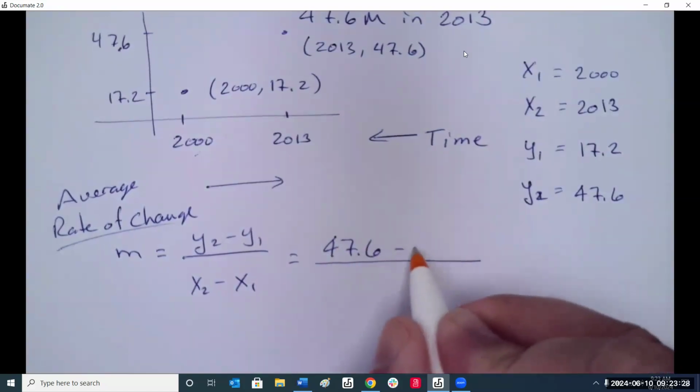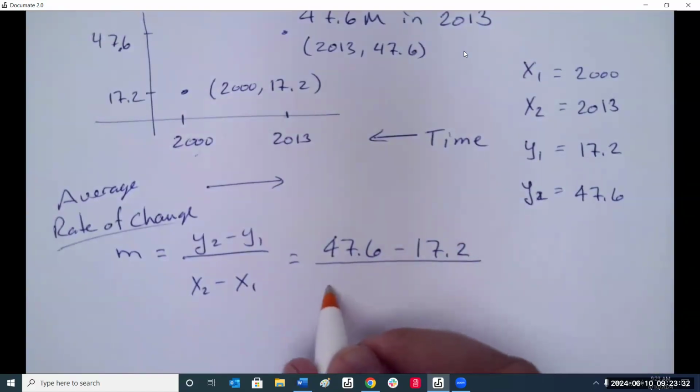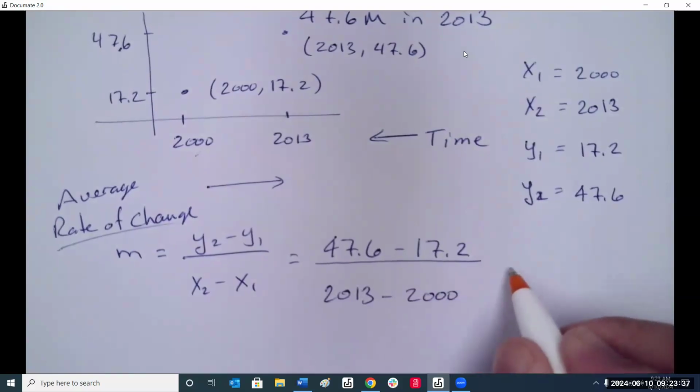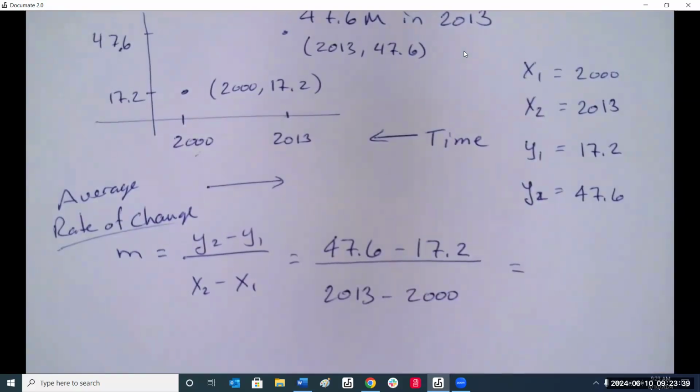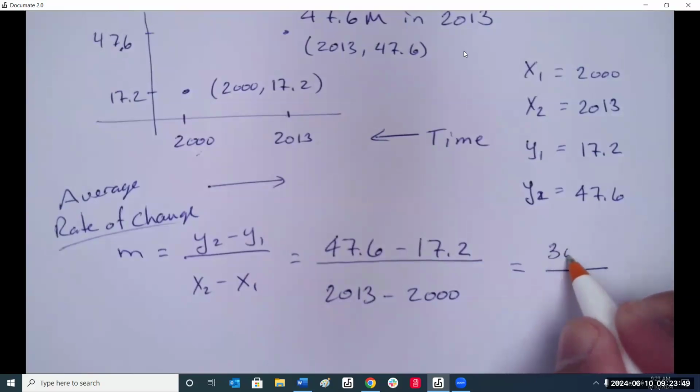So 47.6 minus 17.2 over 2013 minus 2000. That's 30.4 over 13.